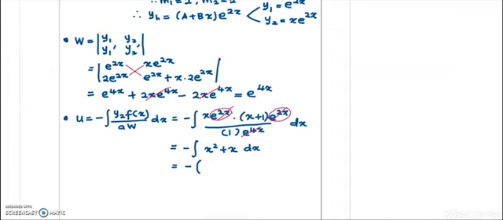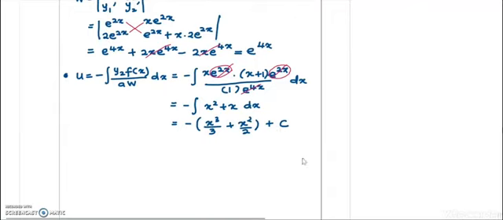So we have x cubed over 3 plus x squared over 2 plus some constant c. That is our u.